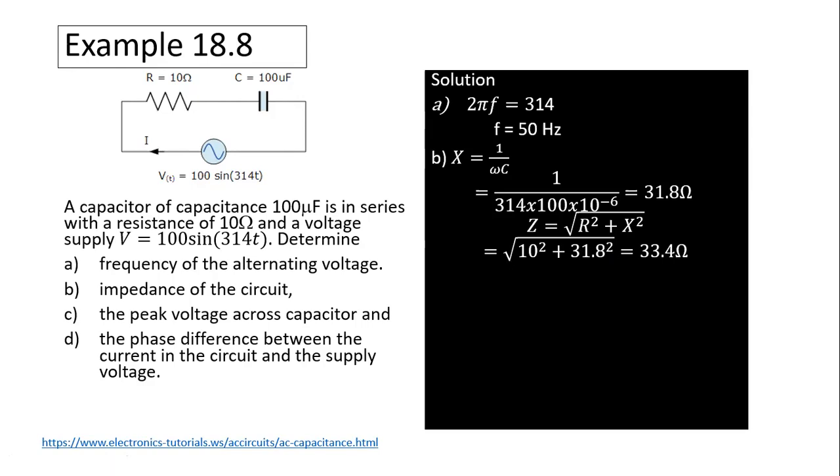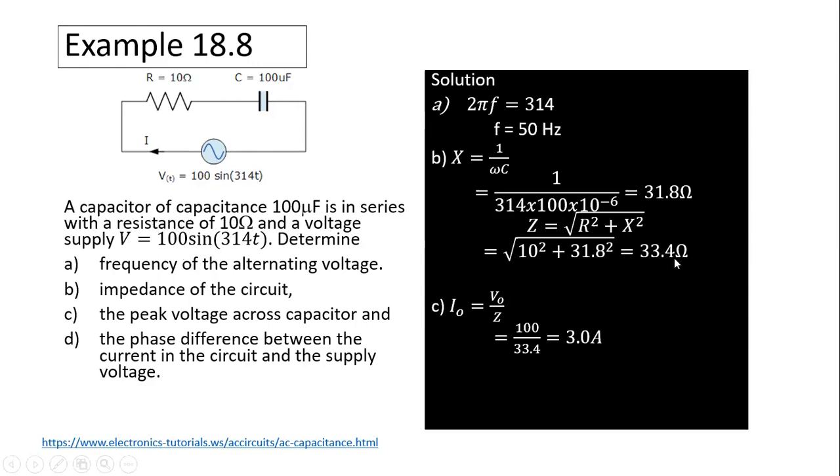Okay, how to calculate the peak voltage across the capacitor? Same as a DC circuit resistor, you just need to calculate the reactance times the current, that's all. So calculate your I naught. I naught is your V naught over Z. V naught from here is 100.